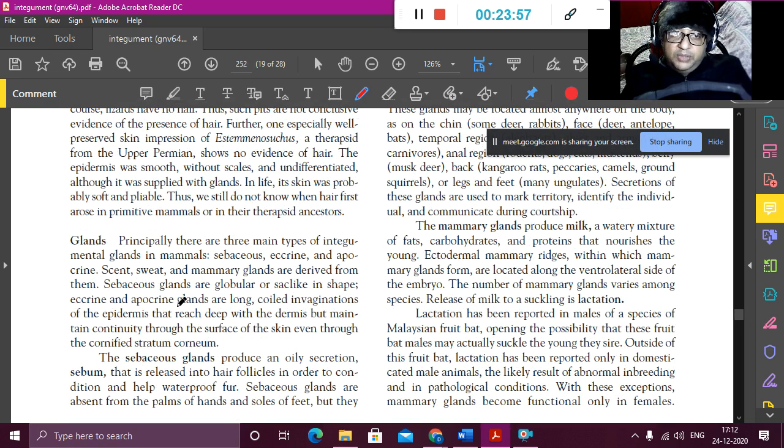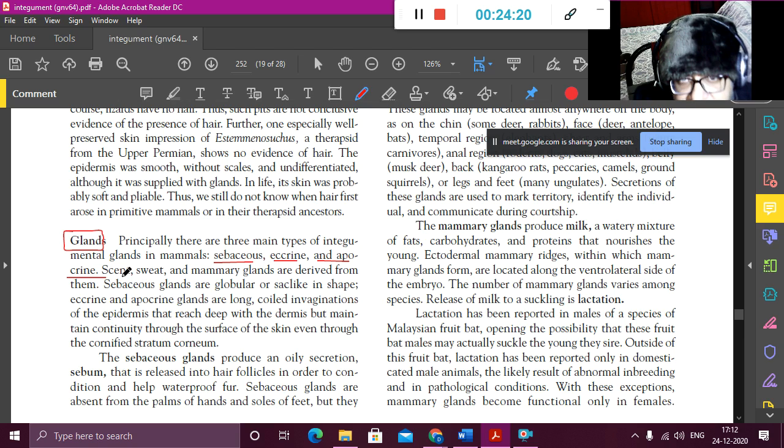Then we come to the topic known as glands. Principally, there are three main types of integumentary glands in mammals: the sebaceous glands, the eccrine glands, and the apocrine glands. So, three main types of glands are present. The scent glands in some mammals, sweat glands, and mammary glands are derived from these glands.